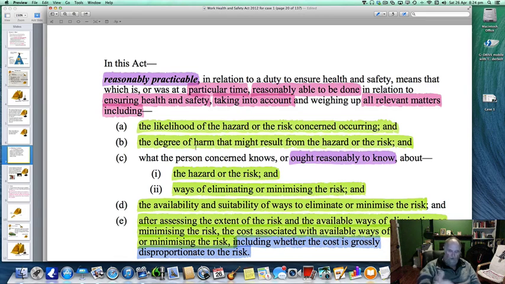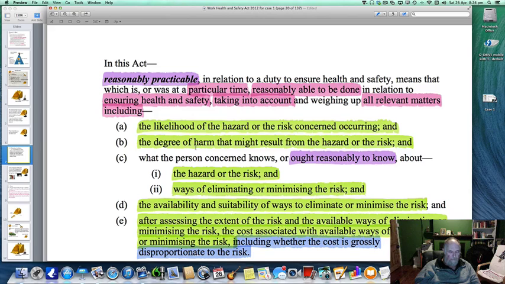So let's have a look at the ones they list out anyway. The likelihood of the hazard or the risk concerned occurring. So obviously you identify the hazard. So what was the hazard? The hazard in this one was a shard of steel coming off the pick and into the guy's leg. It's really just a shard of steel coming off and hurting someone.